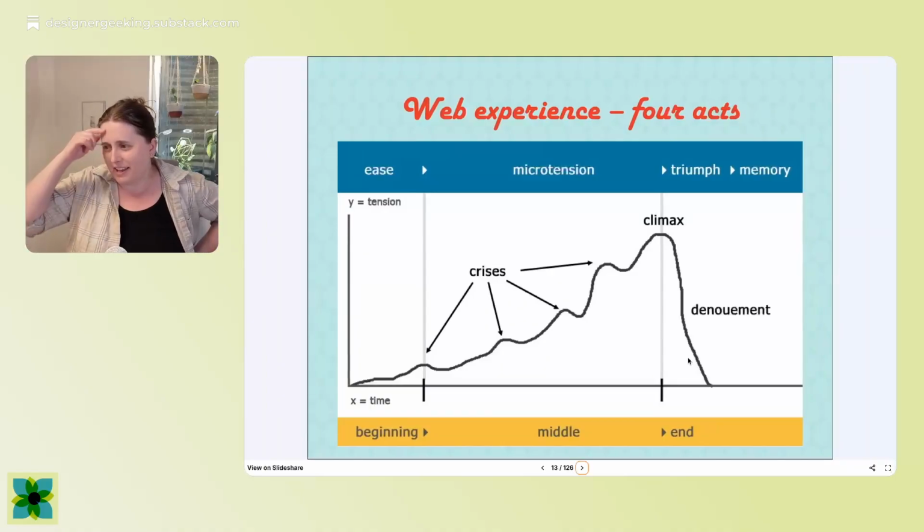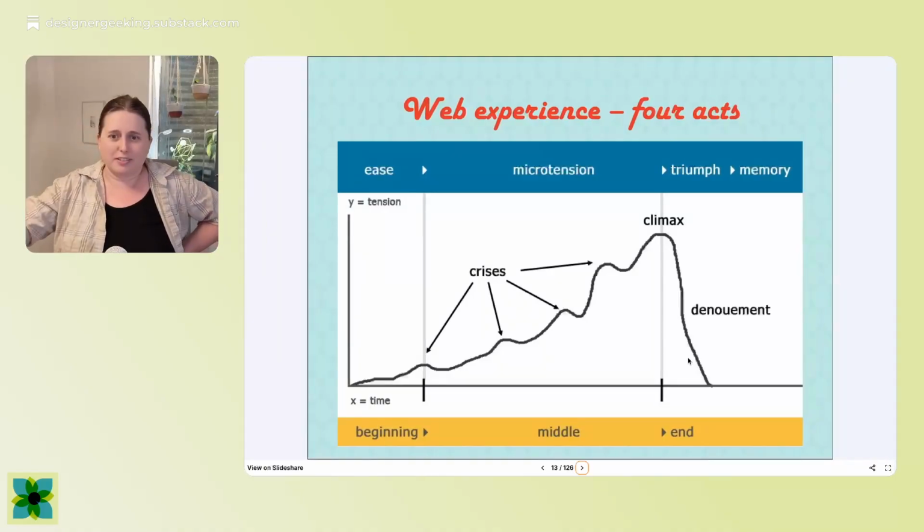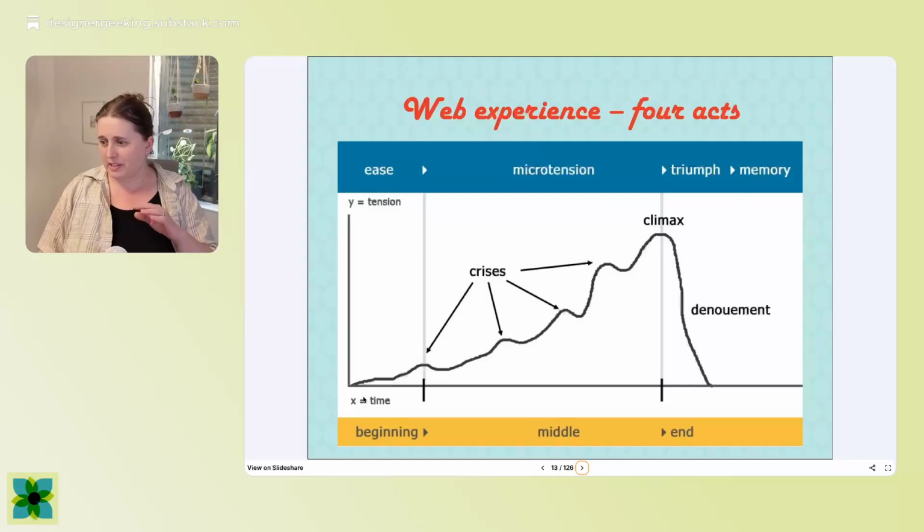Jumping ahead in her deck, this is the little squiggly line that I have redrawn on so many whiteboards since that talk. Basically, it takes the story arc and applies it to web experience. In the beginning, you want to ease people into the experience.